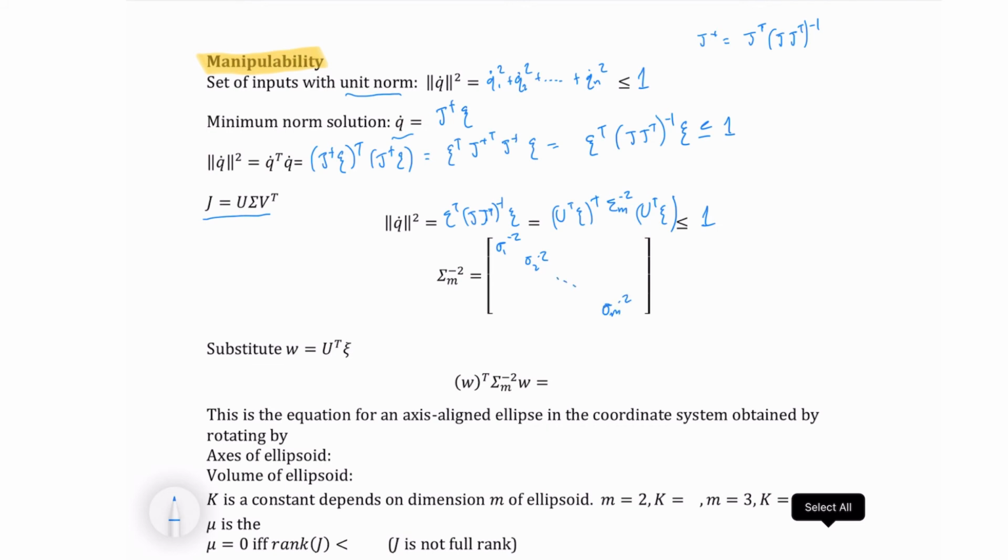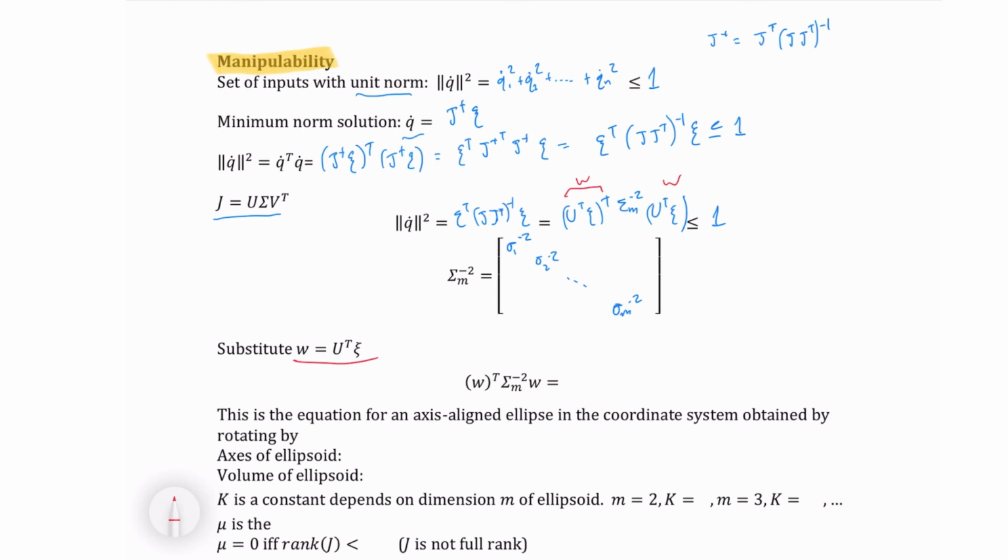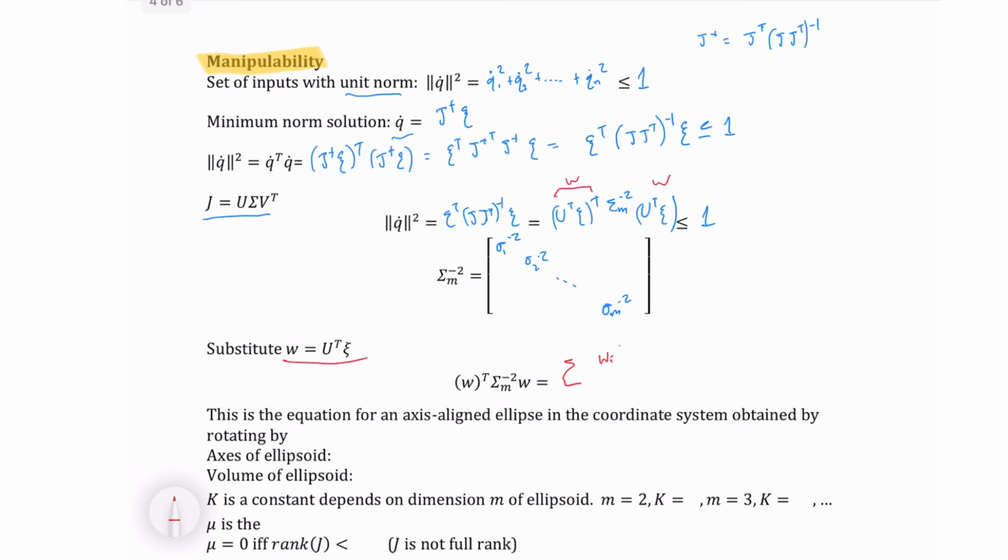And so now if we make a little substitution, and just call these values W, we have the formation W transpose times sigma to the -2 inverse times W. That is equal to a summation now, Wi squared over sigma i squared.